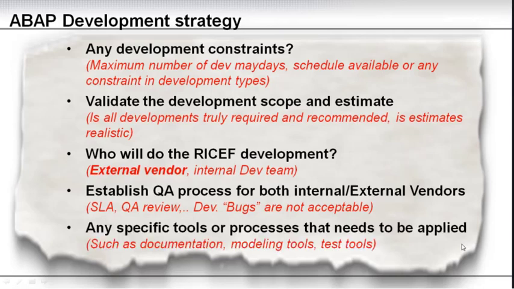Also, you need to look at, depending on the scope of course, but do you need any specific tools to support your development work, such as documentation, modeling tools, test tools, whatever it might be.